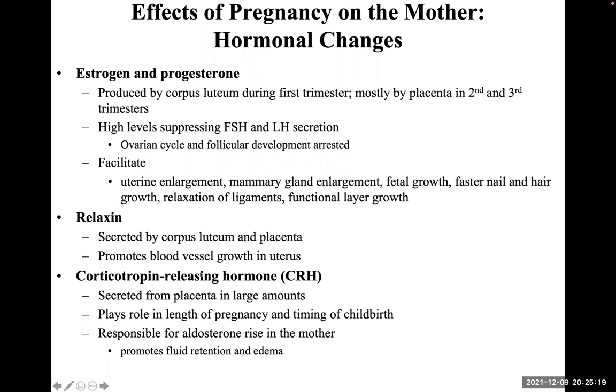From a clinical standpoint, CRH can play a role in a homeostatic imbalance that some women experience toward the end of pregnancy, what they call pregnancy induced hypertension, which can result in preeclampsia and eclampsia. Those conditions are tied to CRH.